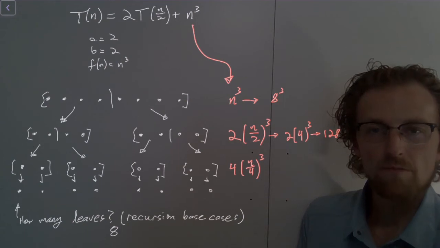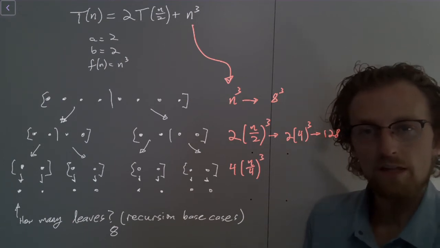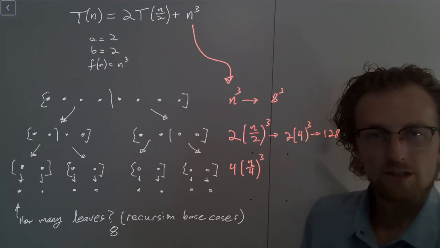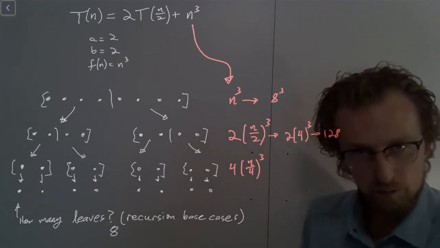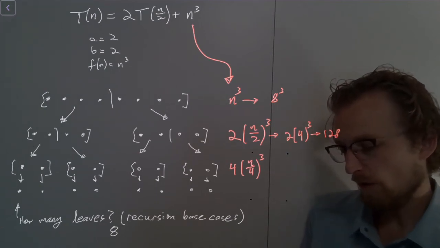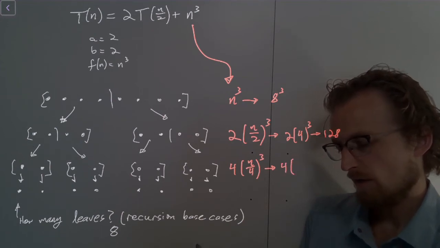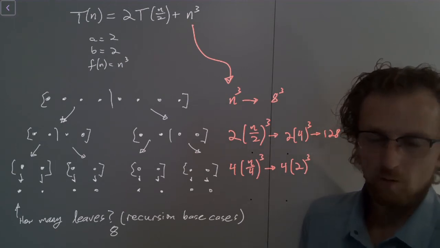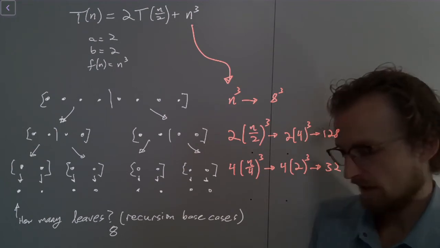So our size for each array at this level is n divided by 4. Each of those arrays gets processed and incurs some overhead, in particular n over 4 cubed overhead. What is n over 4? Well, that's 2. So now this is going to be 4 times 2 cubed. Well, 2 cubed is 8. So what's 4 times 8? Well, that's 32. And so it continues.